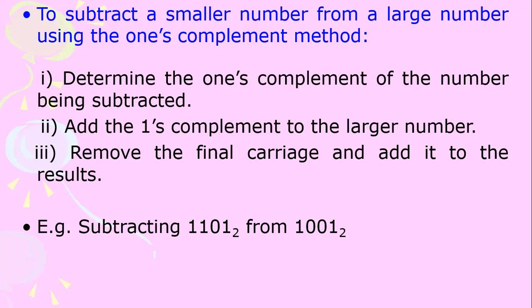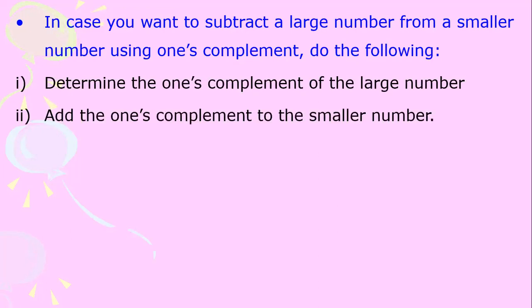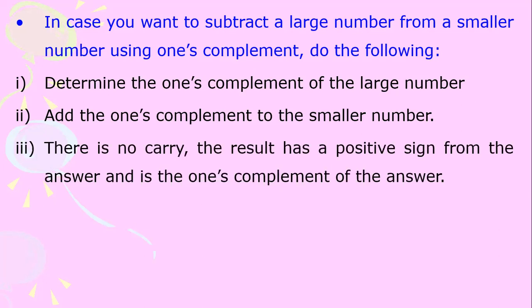And we are subtracting the larger number 1101 from the smaller number 1001. After we have done that, the next step is to add the ones complement to the smaller number. If there is no carry, the result will have a positive sign, and this will be the ones complement of the answer.